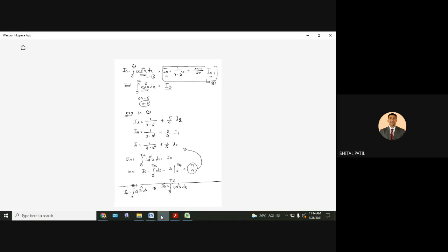For both of them, In equal to n minus 1 divided by n, I n minus 2, sorry. Remember this reduction formula. You have to remember it. In equal to n minus 1 divided by n, I n minus 2. Okay, this is all about the reduction formulas. Remember the 4 reduction formulas, and this type of example may be asked in the exam.